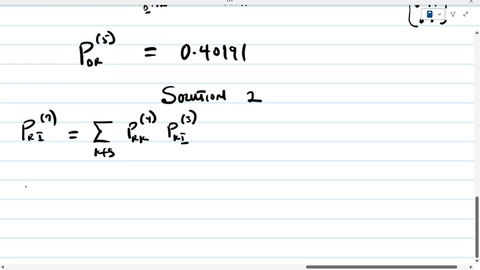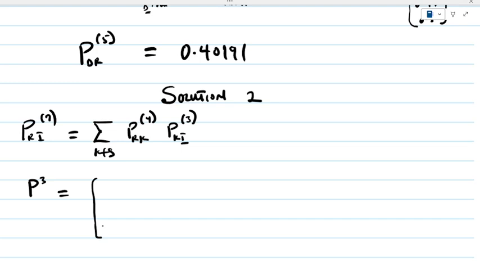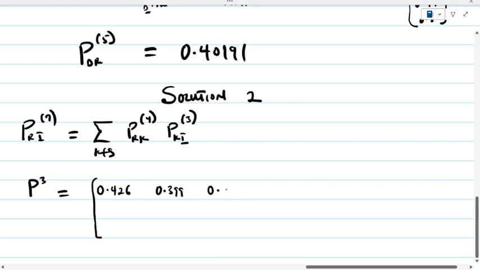And I know that P raised to power 3, from the previous calculation, we have 0.426, 0.399, 0.175, 0.399, 0.426, 0.175, 0.35, 0.35, and then 0.3.